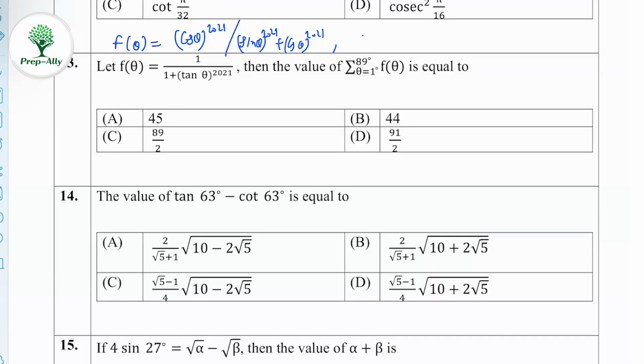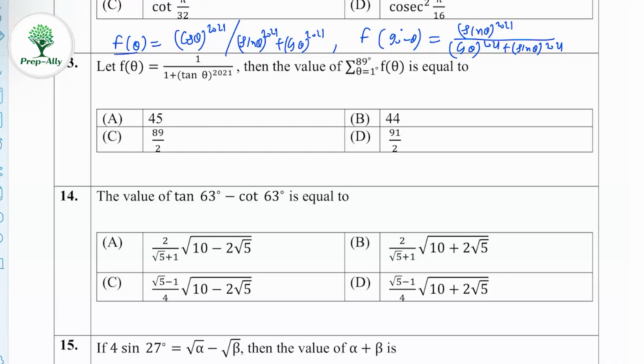Now, if you substitute f of 90 degree minus theta in place of theta, then cos of 90 degree minus theta will become sin theta power 2021 by sin 90 minus theta power 2021, which will become cos theta power 2021 plus sin theta power 2021.